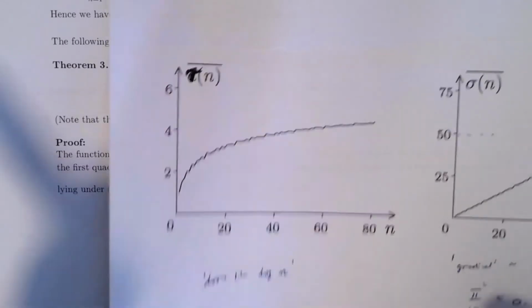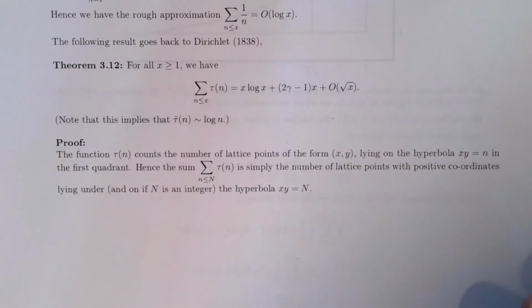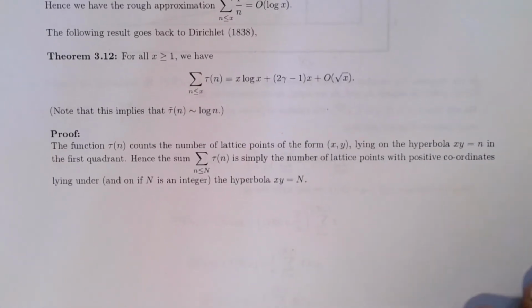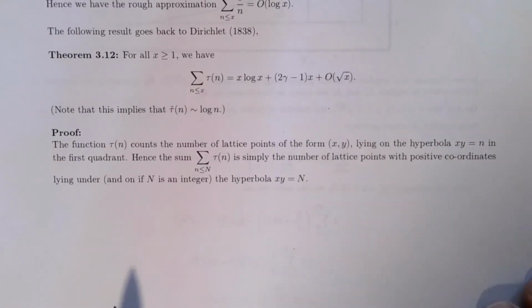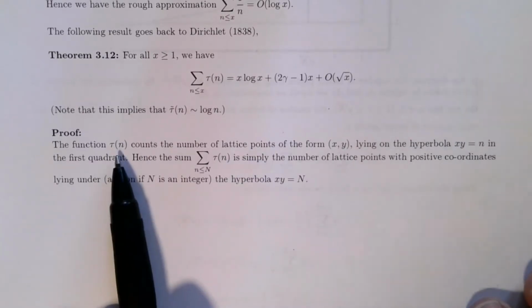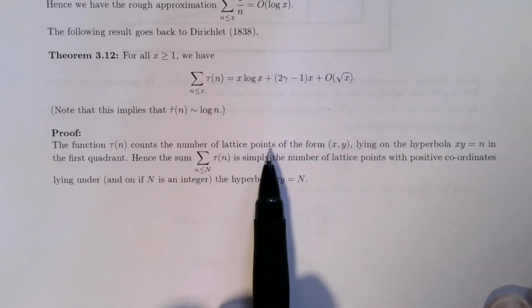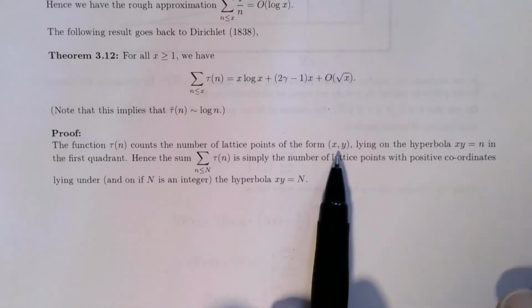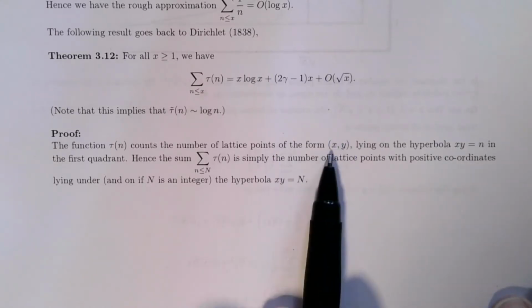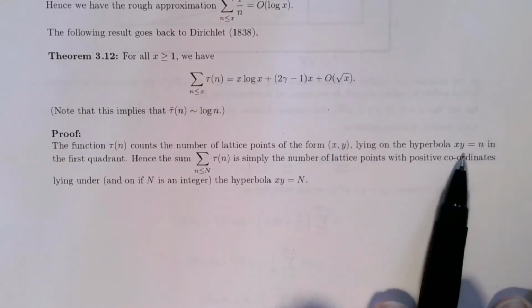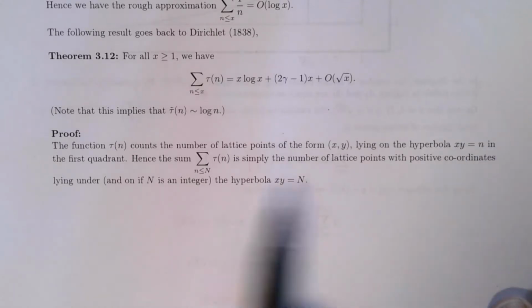Now we're going to do a little proof of this, and the proof is quite pretty. This is the one that goes back essentially to Dirichlet. So this number tau of n, which is counting the number of factors of n, another way of thinking of it is to count the number of lattice points of the form (x, y), lattice points meaning x and y have to be integers, lying on the hyperbola xy equals n in the first quadrant.